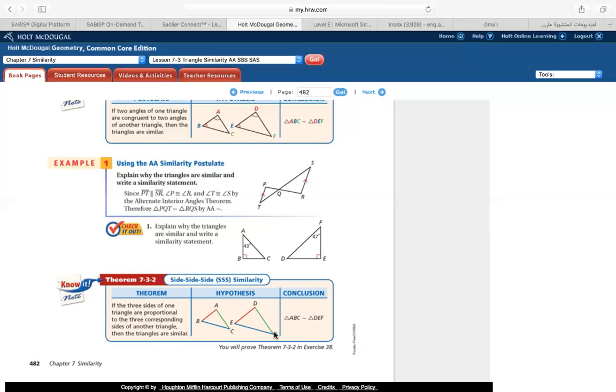And when I am choosing the sides, I will choose from the ordering of the letters here. AB over DE, the red lines. BC over EF, the blue lines. AC over DF, the green lines.